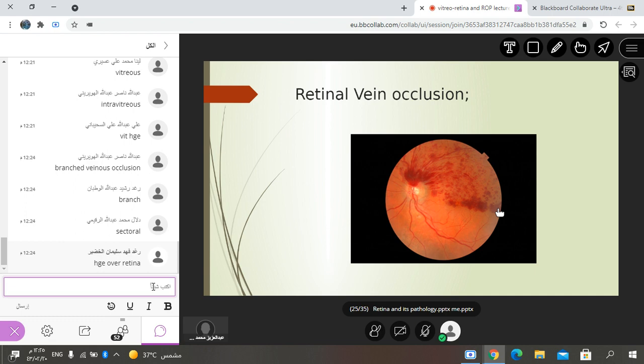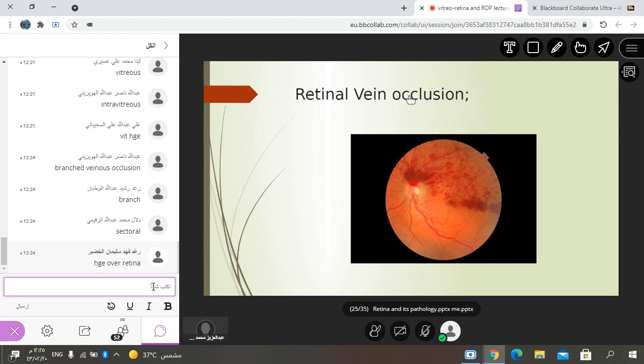The difference: hemi-retinal takes half of the retina, involving the superior branch of the retinal vein. At this level, it is most likely a large tributary of the superior branch, so it is a hemiretinal vein occlusion.